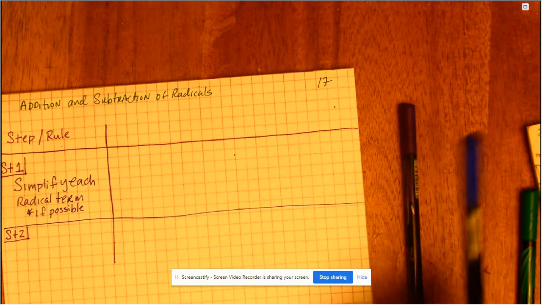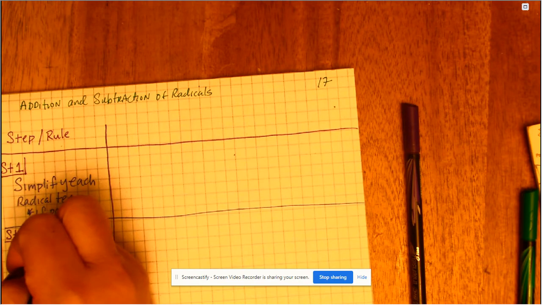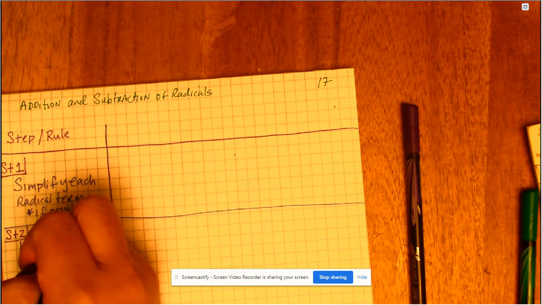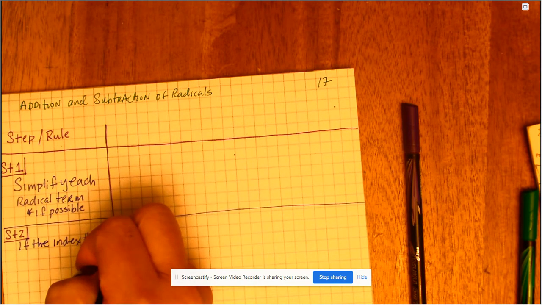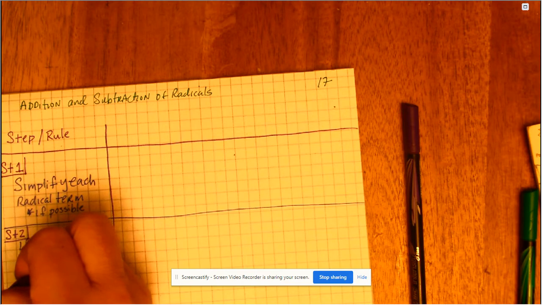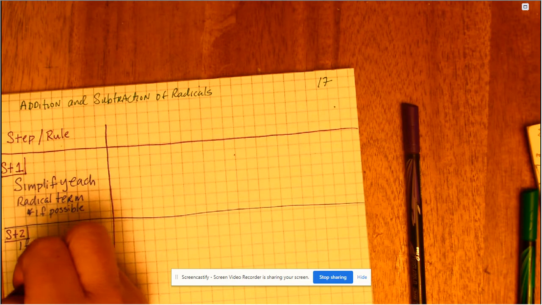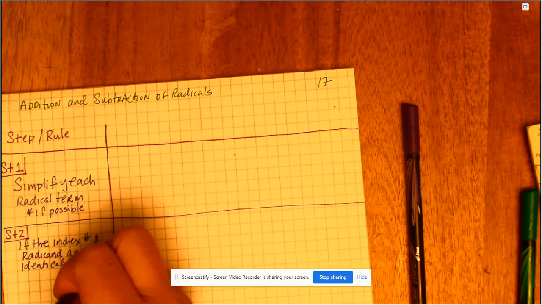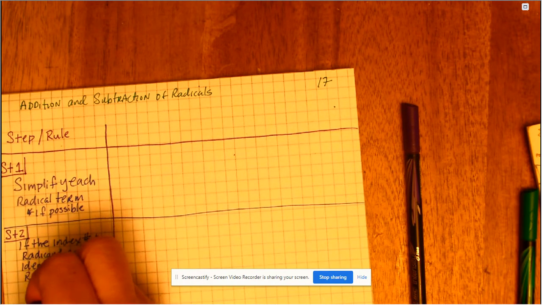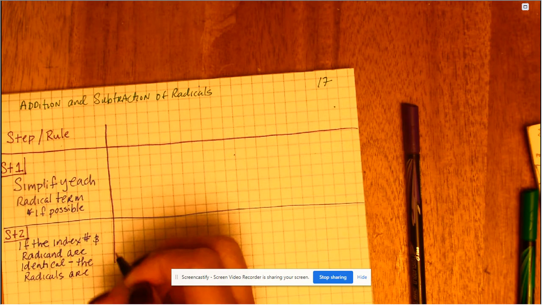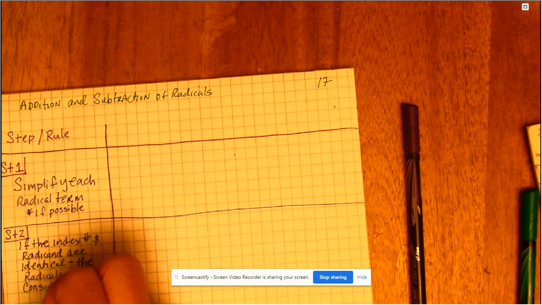Step 2 is if the index number and radicand are identical, the radicals are considered alike.